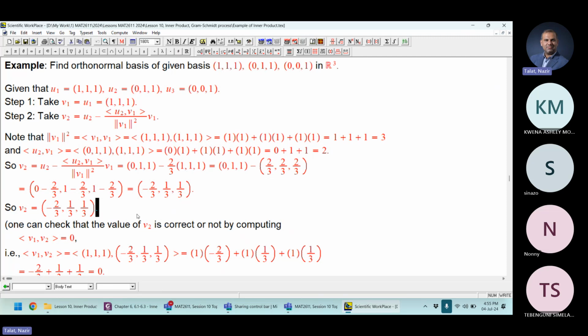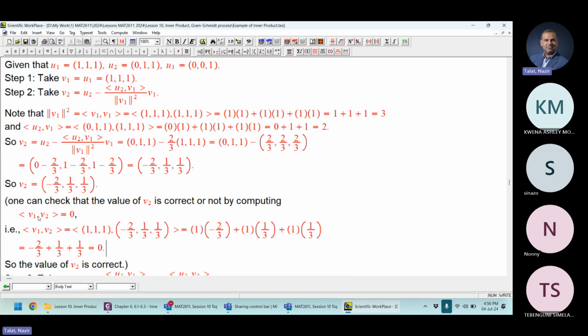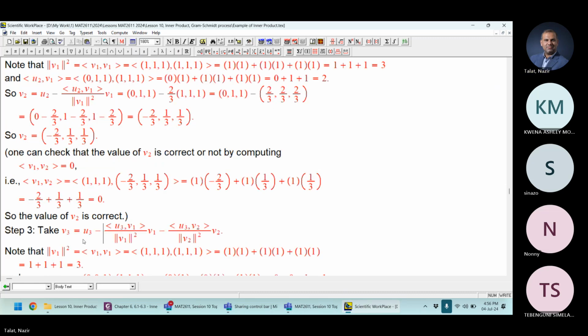Now one can check whether V2 is correct or not. If you take the inner product of V1 with V2, you can see that the answer will become 0. If the inner product of V1 and V2 is 0, it means V1 is orthogonal to V2 and the value is correct. Now again, we need to compute V3, which is equal to U3 minus these inner product terms, coming from the Gram-Schmidt process.